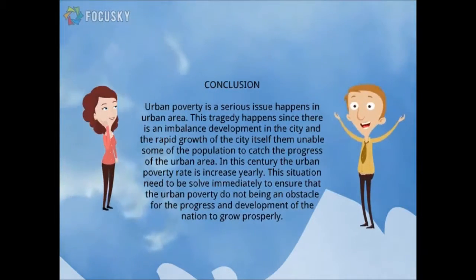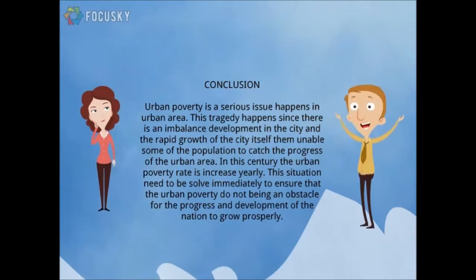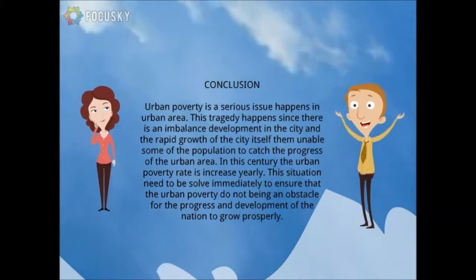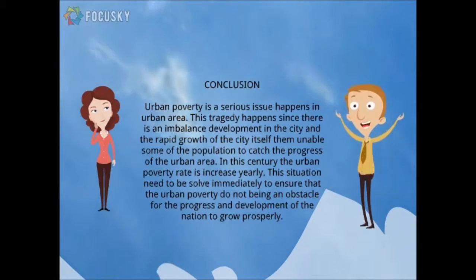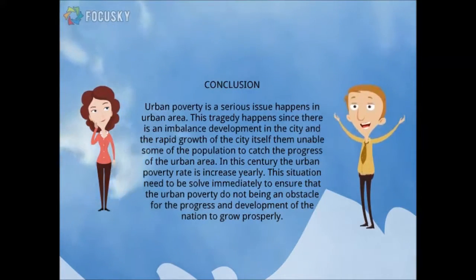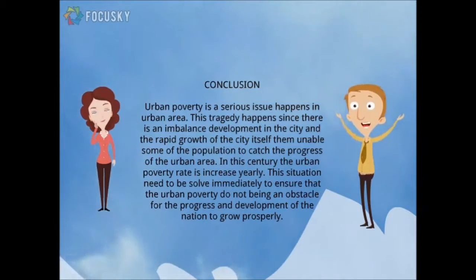In conclusion, urban poverty is a serious issue that happens in urban areas. This tragedy happened since there is imbalanced development in the city and rapid growth of the city itself that disables some of the population from catching up with the progress of the urban area.